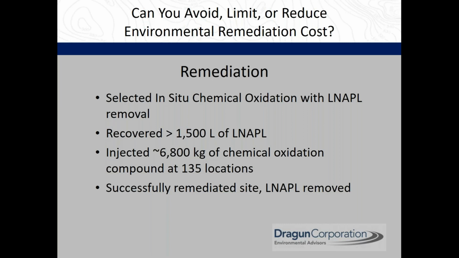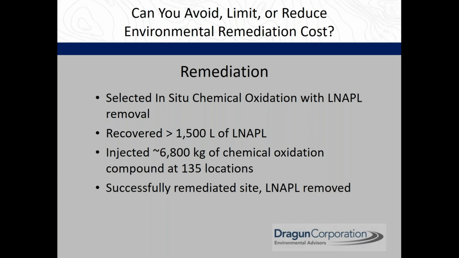We also did removal of the free product with some physical pumping. So we used a pumping apparatus to remove the product, and we ended up recovering about 1,500 liters of product. And once that was gone after about 18 months of pumping, it never returned. And we injected about 6,800 kilograms of chemical oxidant remedial product.